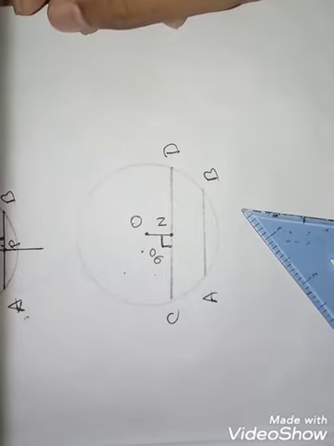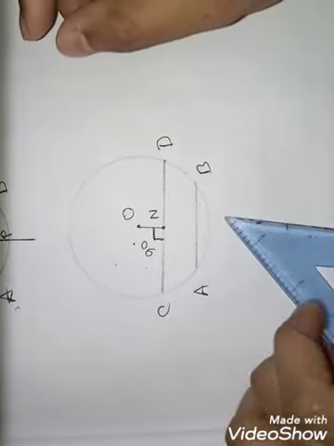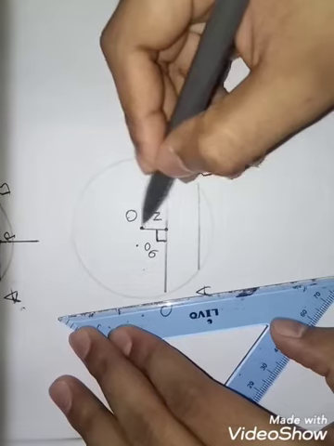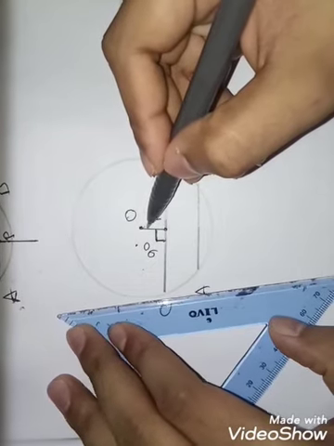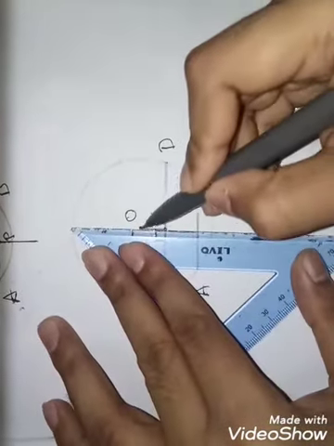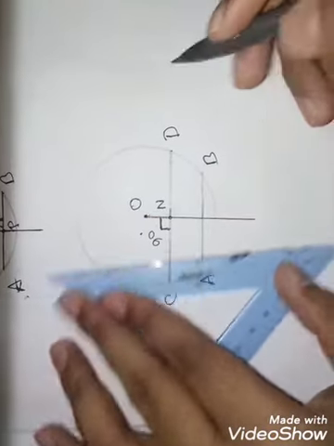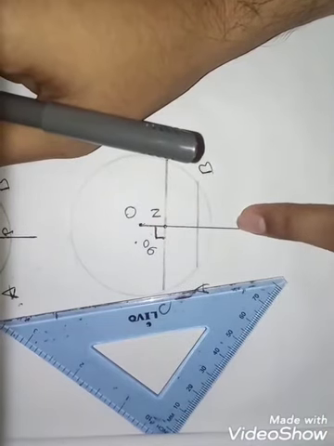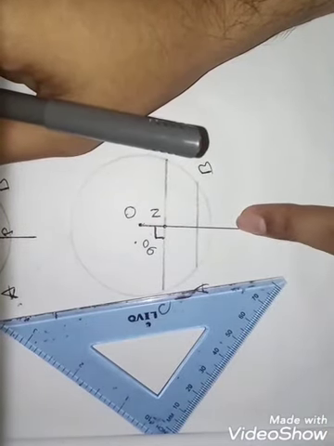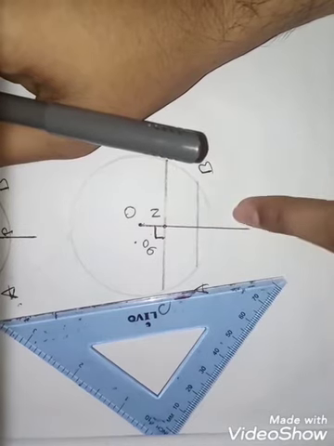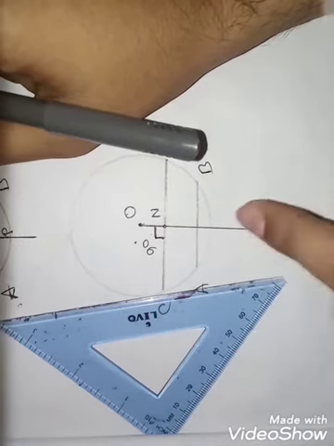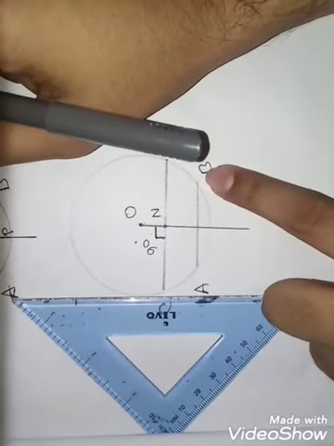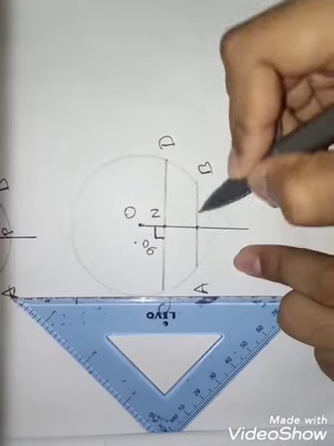Well, now what we have to do is raise this line segment downwards. When I have raised this line segment downwards, we can clearly see that this line intersects the chord AB, and the intersection point is here.